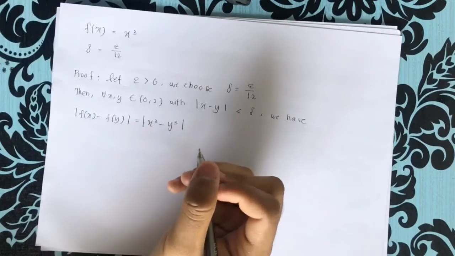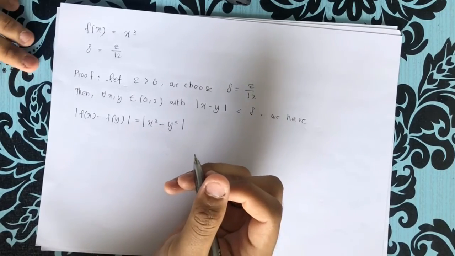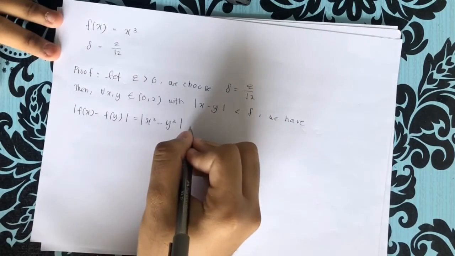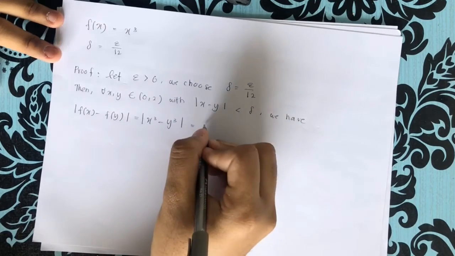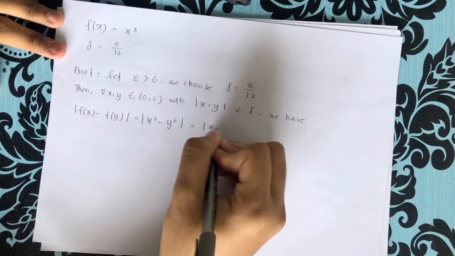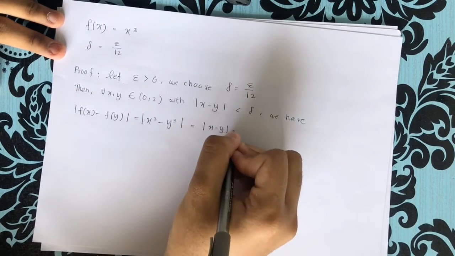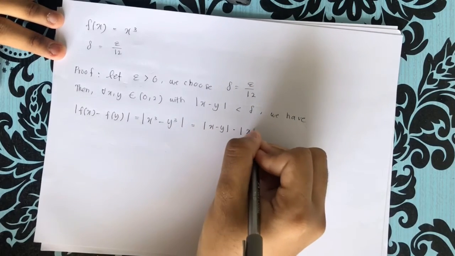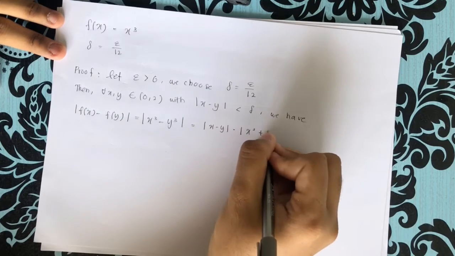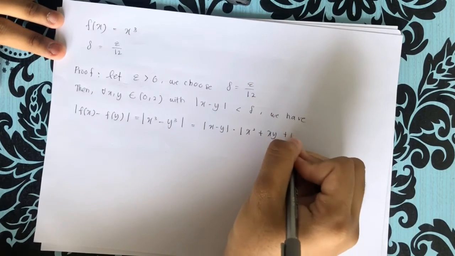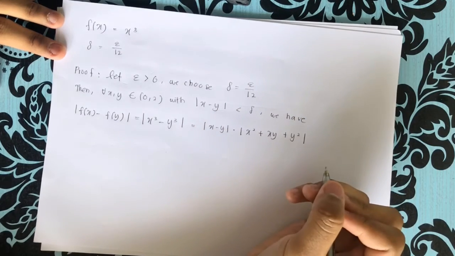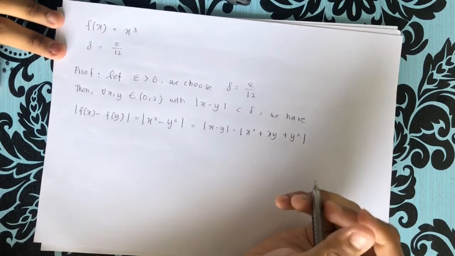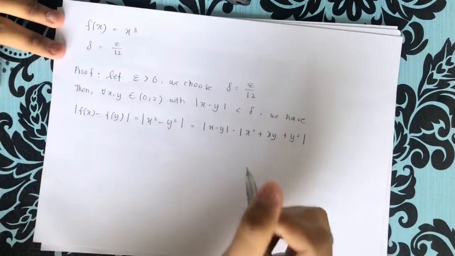This is just the same as the previous one, which we already discussed: |x minus y| times |x squared plus xy plus y squared|.